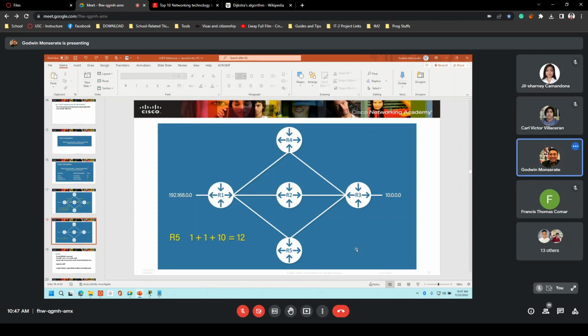This is what we call the Dijkstra algorithm. It has nodes and vertices, and the vertices consist of the bandwidth in order for you to go to the destination. It computes the shortest path first. Okay? So far, any questions?